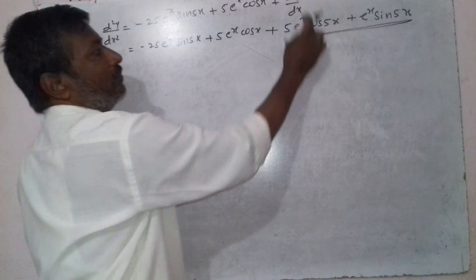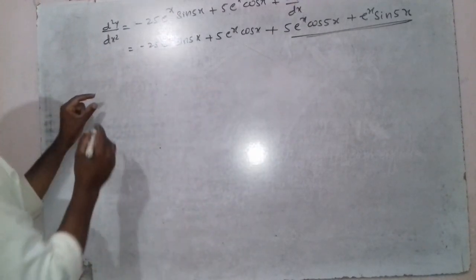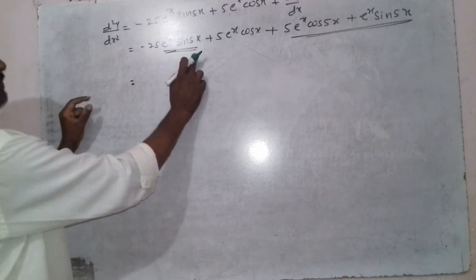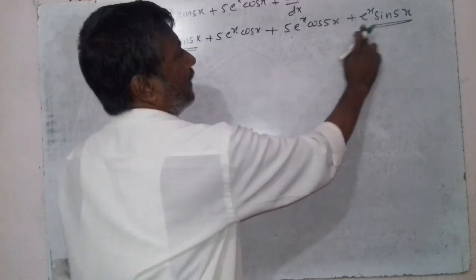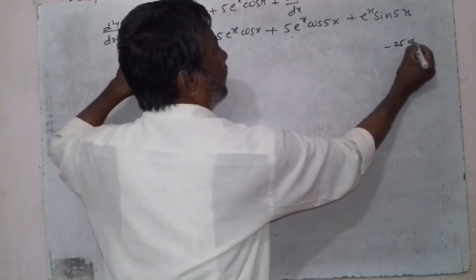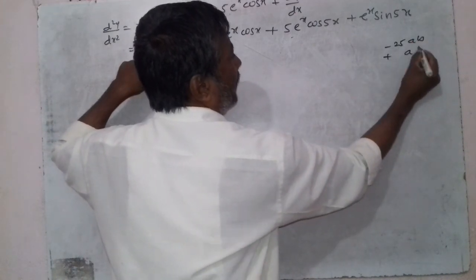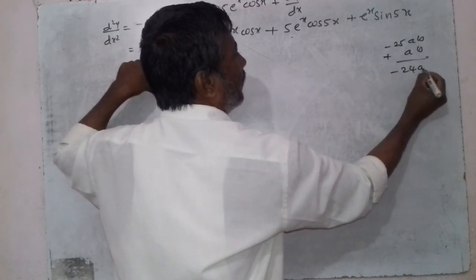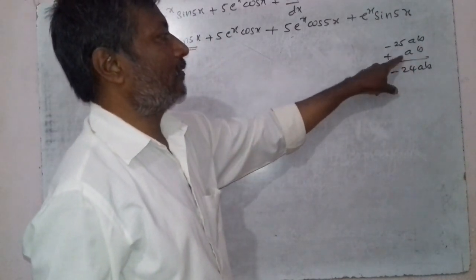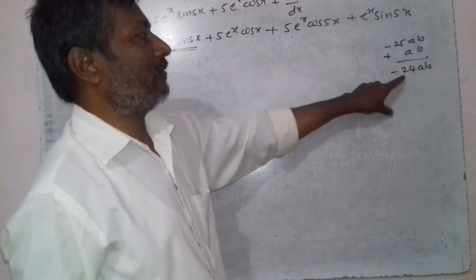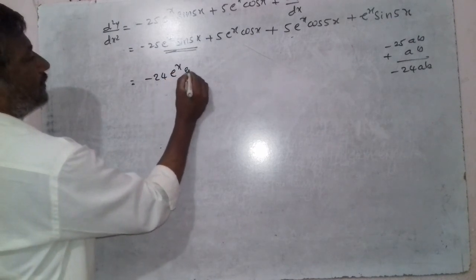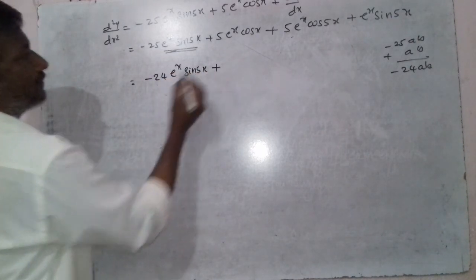So observe here e raised to x sin 5x, e raised to x sin 5x. So minus 25 ab plus ab equals minus 24 ab, that is minus 24 e raised to x sin 5x.